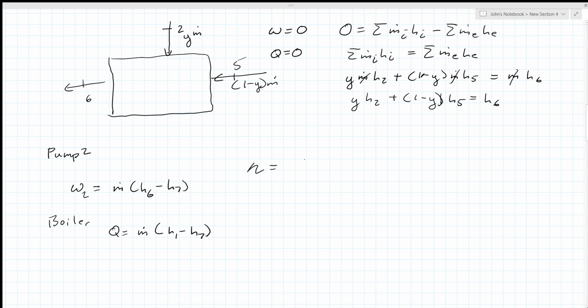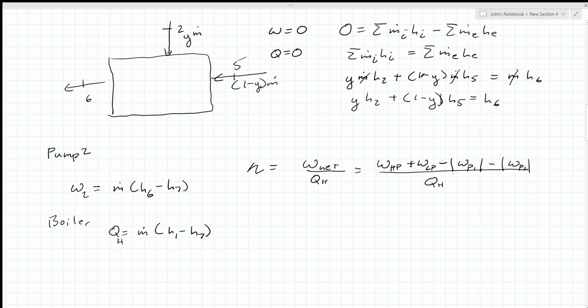So now let's find my efficiency. Well, if you recall, that's work net over Q in. Well, my work net is going to be the work of the high pressure turbine plus the work of the low pressure turbine minus the absolute value of the work of pump 1 minus absolute value work of pump 2 all over Q hot.